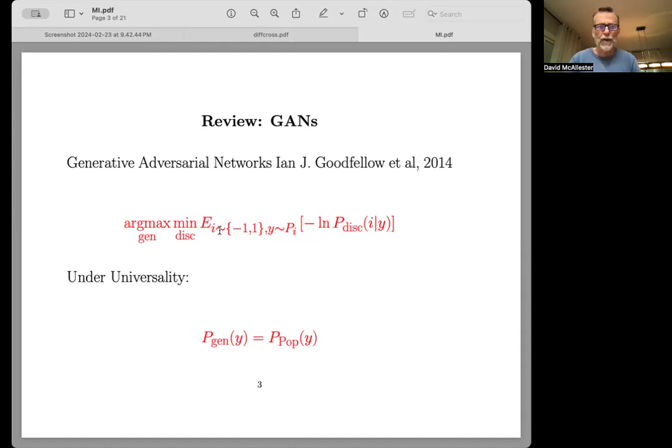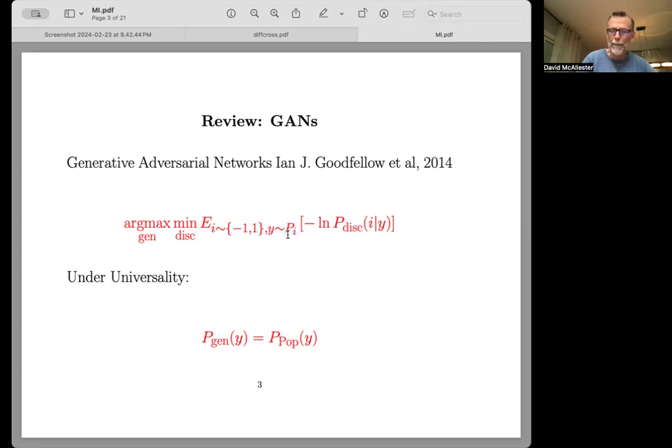And this is adversarial, right? The generator wants to fool the discriminator. The discriminator wants to find any weakness in the generator to allow it to distinguish generated images from natural images or population images. So this is the objective function. You draw i uniformly from -1 or 1, and then you generate from one of the two distributions.